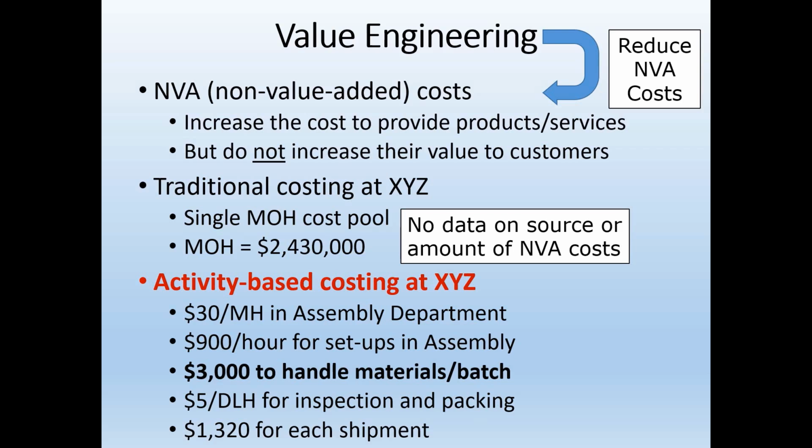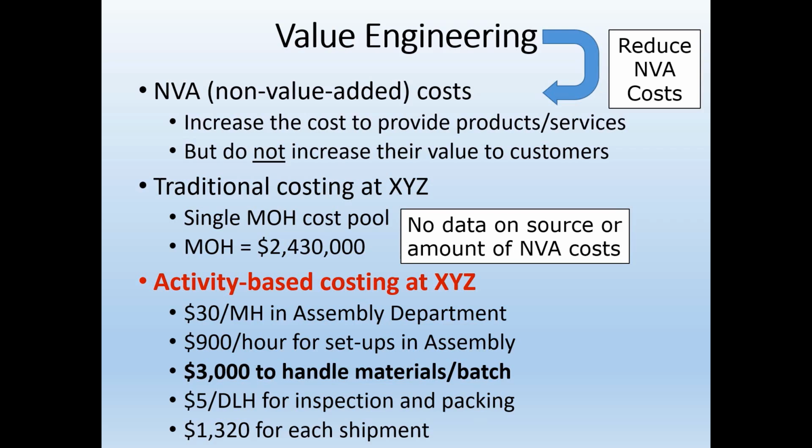The firm currently spends $3,000 per batch just to move stuff around the factory. Maybe that's a signal to the firm that it should look for ways to move its storage of raw materials and finished goods closer to the production floor, or to move the machinery so that partly finished goods don't have to be moved so much during production.